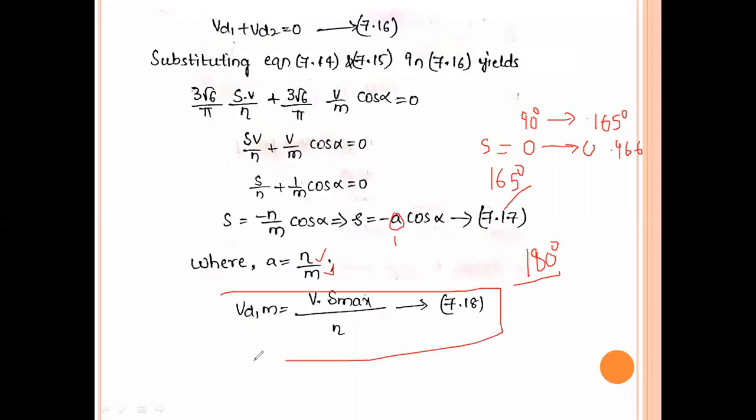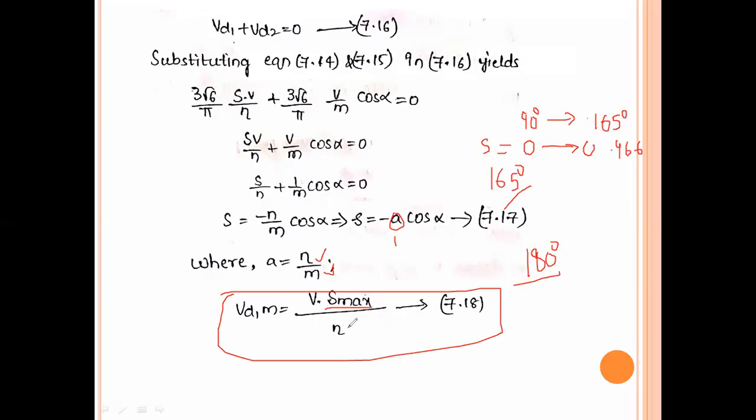And at low speeds, the VD1 maximum value can be written as this one. Here S max is the maximum value of the slip that can be achieved at very low speeds. In the previous class we also derived the S max equation in the torque equation. So S max means when the speed is very, very low.